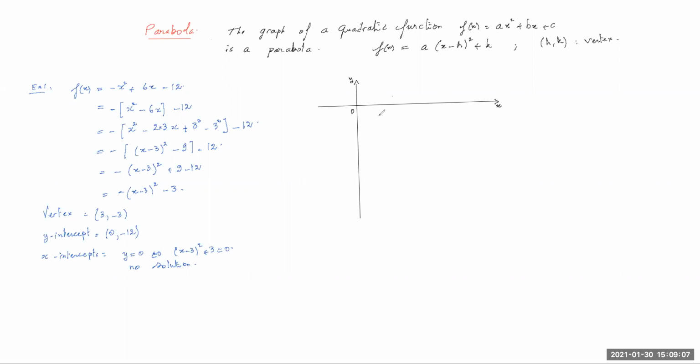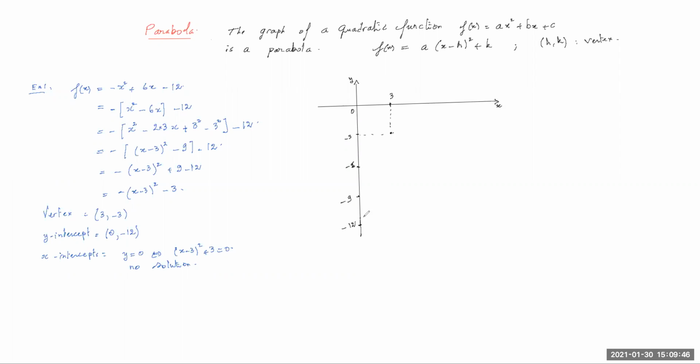We said we have a vertex with coordinates (3, minus 3), and the y-intercept (0, minus 12). So let's choose a scale: minus 3, minus 6, minus 9, and then minus 12, and 3 here also, approximately the same scale. So here is my vertex.